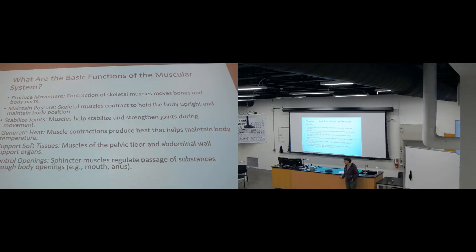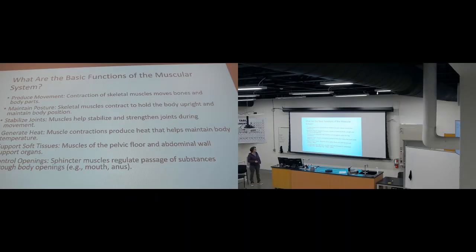So, for instance, there is a disease called hyperthyroidism, in which a person has high levels of thyroid hormone, and this person often has a lot of heat in their body, so they are intolerant to hot weather. And it is well known that someone who has hypothyroidism doesn't metabolize as much of the nutrients that the muscle uses, so they don't generate as much heat, and one of the signs and symptoms is that the person is cold when they have low levels of thyroid hormone. So generation of heat is another function of the muscles.